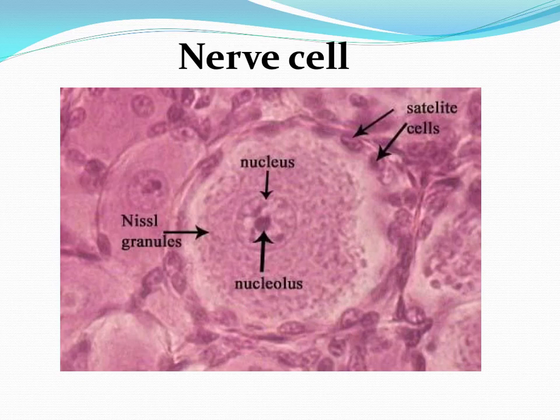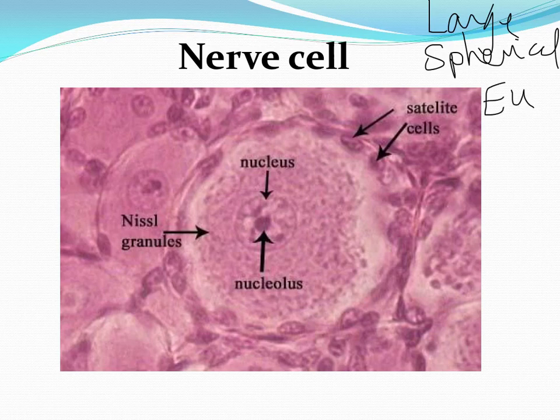Then you may be asked about the feature or the appearance of the nucleus of these nerve cells. The nucleus here, as you see, is large, and it is spherical, rounded, and it is achromatic because it is an active nucleus.